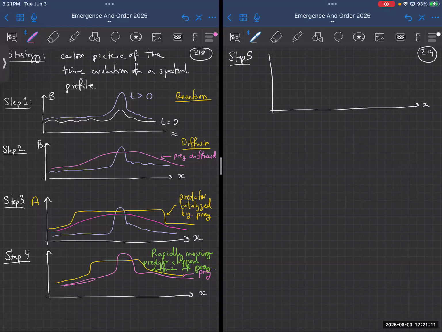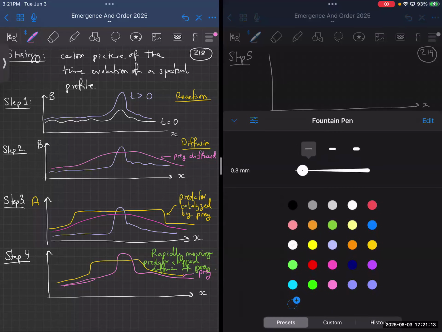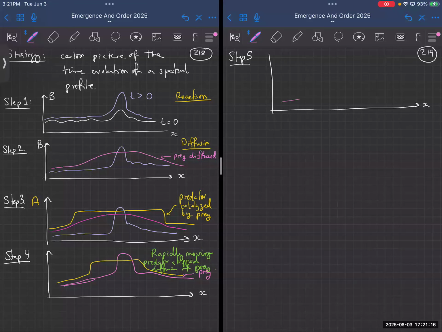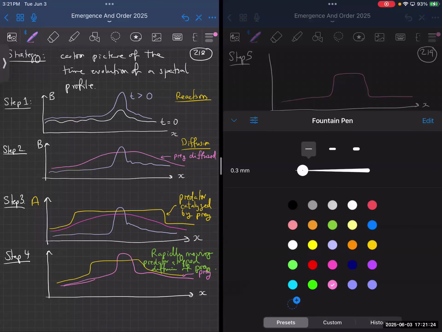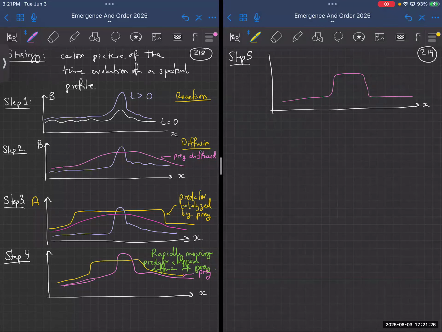Now I've got my prey like this. And now the predator is going to inhibit itself. And so its population is going to go down like this. So here the predator has inhibited itself and does not overwhelm.